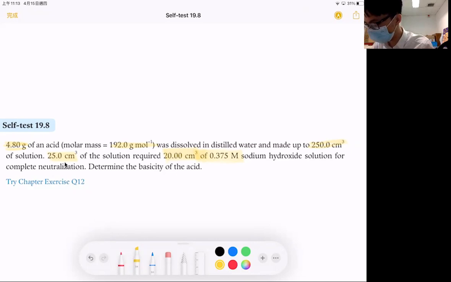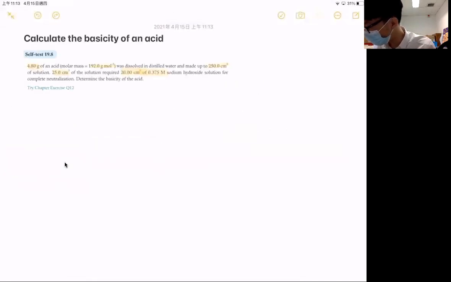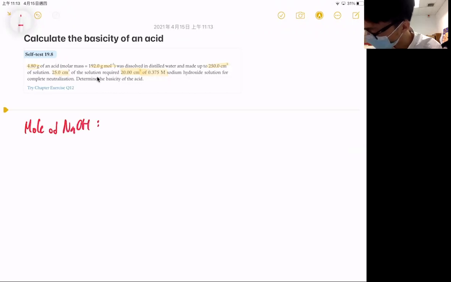So how can we determine the basicity? First of all, we need to know the mole ratio between the sodium hydroxide reacted and the acid, the number of moles of acid inside the solution. For the moles of sodium hydroxide reacted, it's very easy.